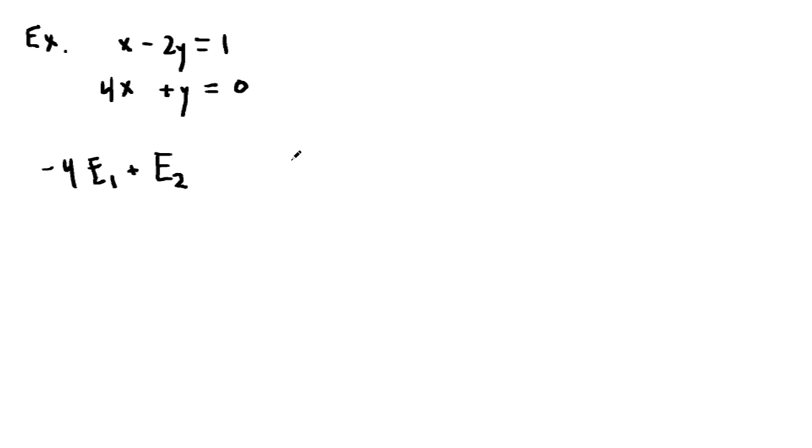So let me multiply the first equation by -4. And then I leave the second equation as it is. Now here we see -4x and we see 4x here.